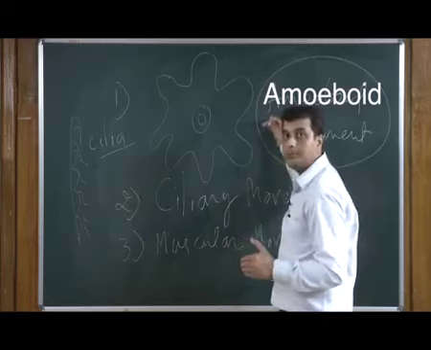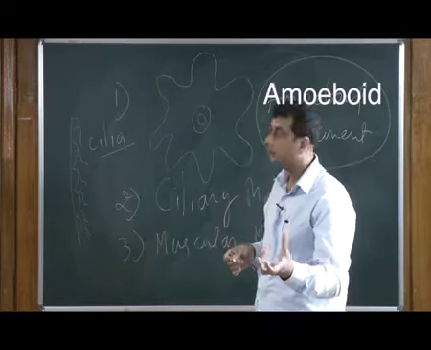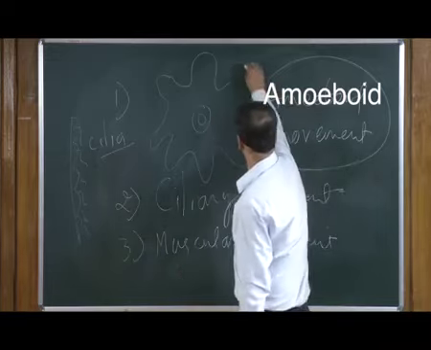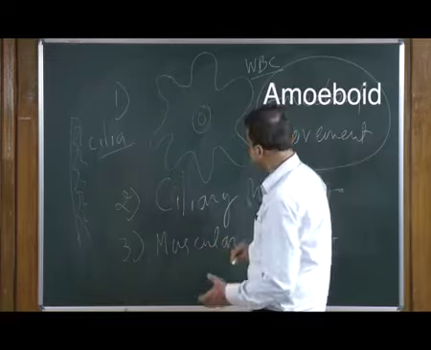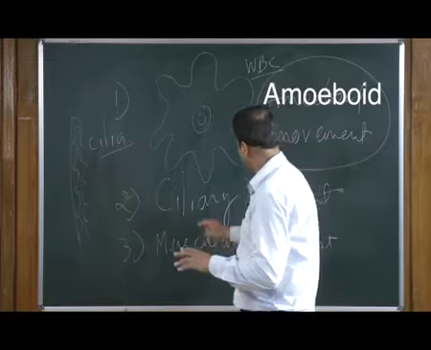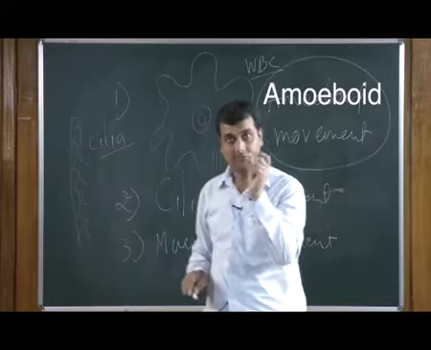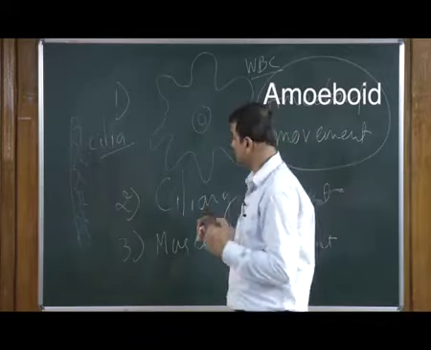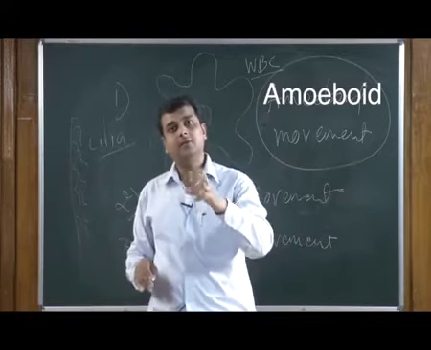So we have amoeboid movement available in some of the immune cells, some of the leukocytes, some of the WBCs. We can give an example of WBC, white blood cells. Then we have ciliated epithelium that is located also in the respiratory tract. Also you have a lot of cilia which is giving passage to the air. So they are trapping the dust particles with the help of mucus.